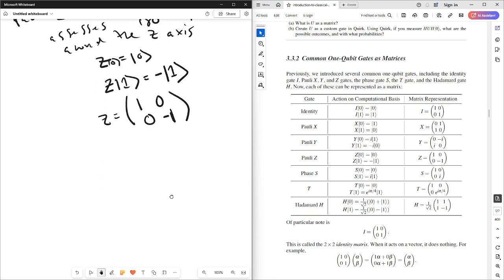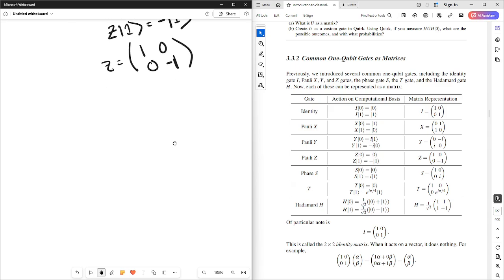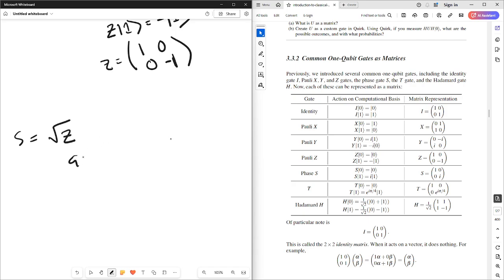Our other more niche gates here. So the S gate is the square root of Z. It assesses a 90-degree rotation around the Z-axis.